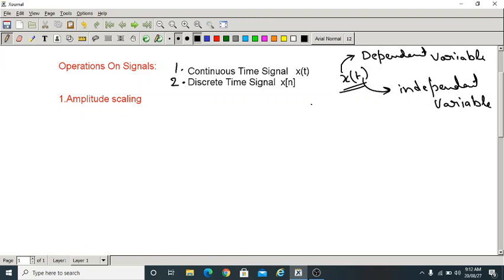Same thing applies for x of n also. In x of n, x is dependent variable, n is independent variable.